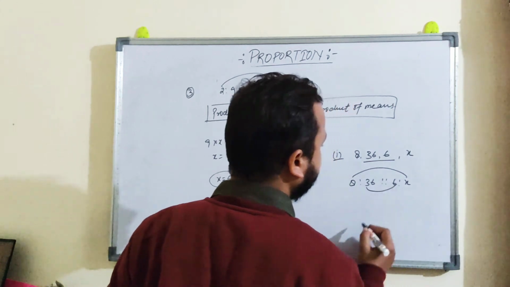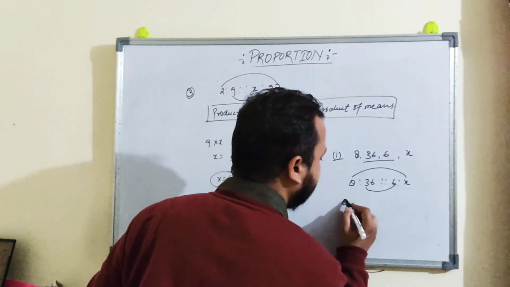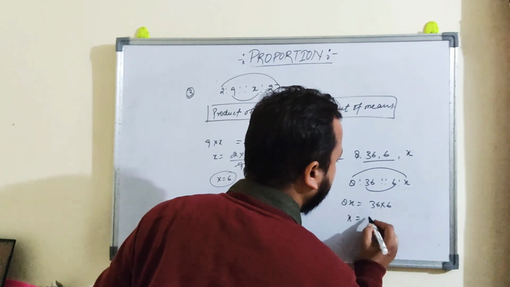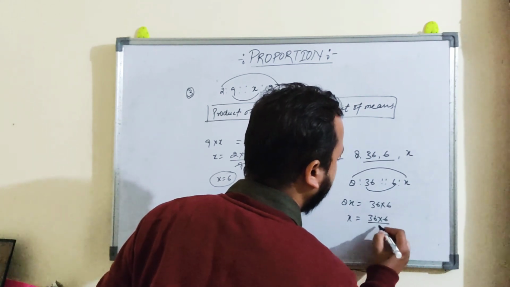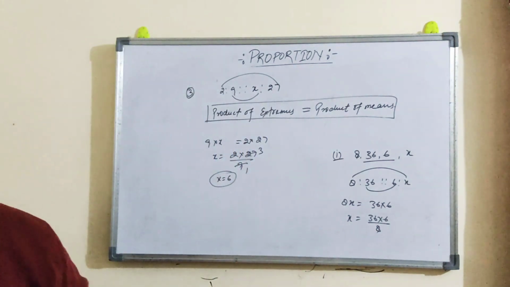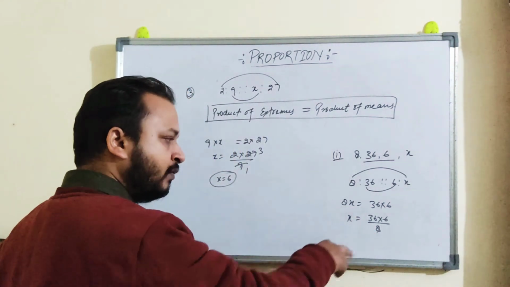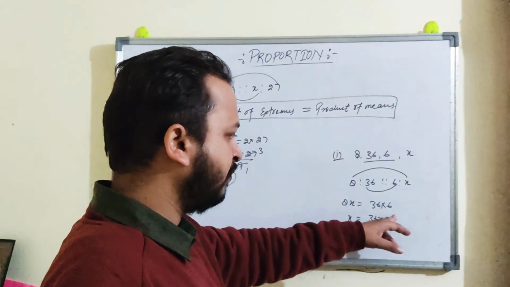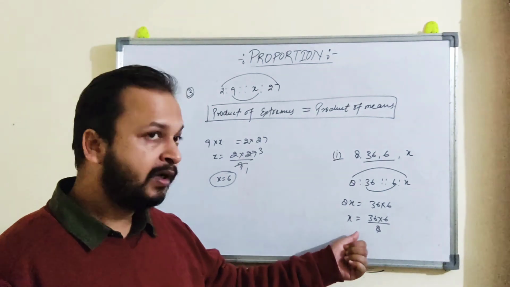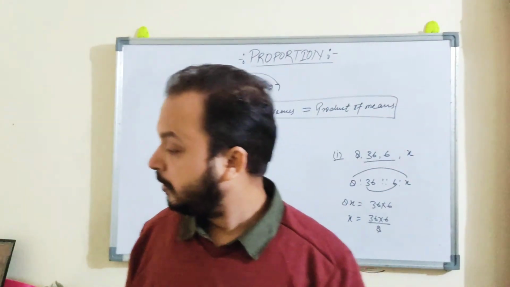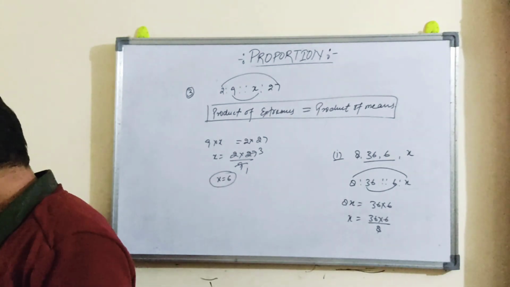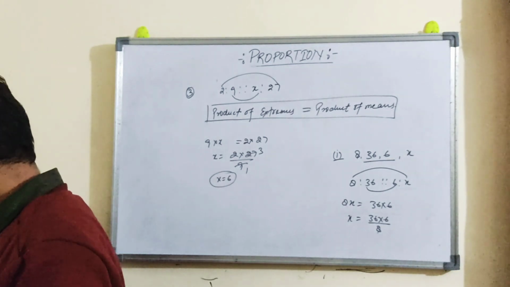Product of extremes is equal to product of means. So 8x is equal to 36 into 6. x is 36 into 6 by 8. So just solve it. 4 twos are 8, 4 nines are 36, 2 ones are 2, 2 threes are 6, 9 threes are 27. So 27 is the answer for this question. Right? So you know that continued proportion.